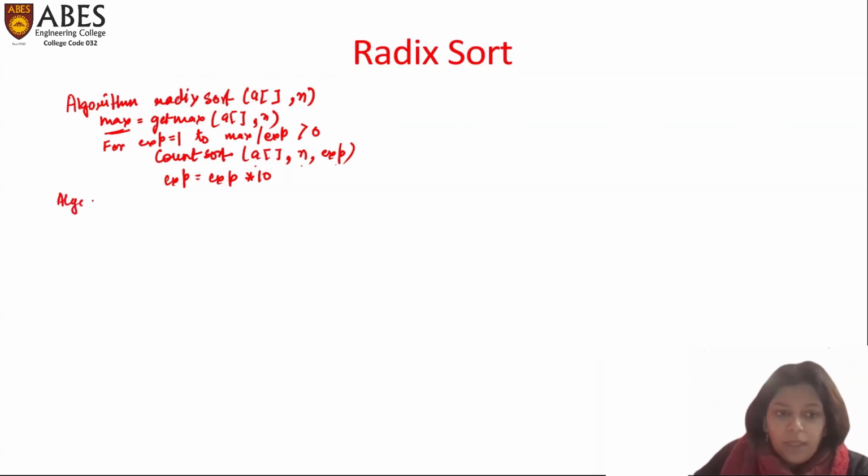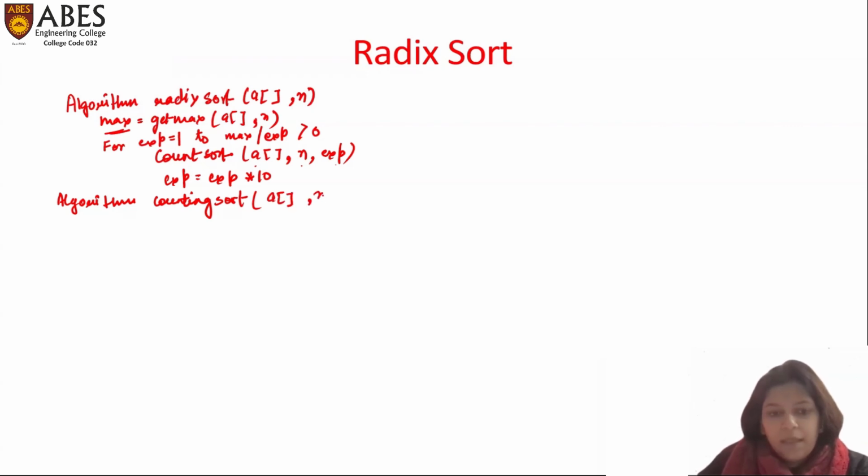Now coming upon the algorithm, that is the counting sort algorithm. This algorithm here, it will be a little bit modified. Right? So suppose the name of the algorithm is counting sort or count sort. The parameters that we are going to have is a, n, and the exp value that we are getting.